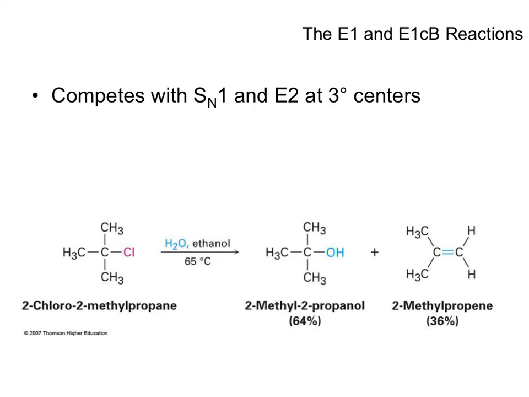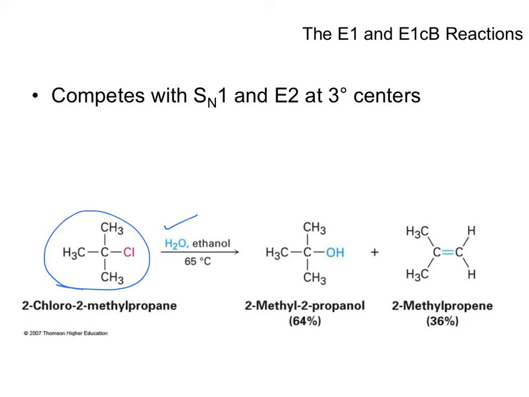So if you have a reaction that's given to you, a tertiary alkyl halide, and you're treating that with water and ethanol. Water tells you that it's a poor base, or a weak base, however you want to call that, and it's also a weak nucleophile.